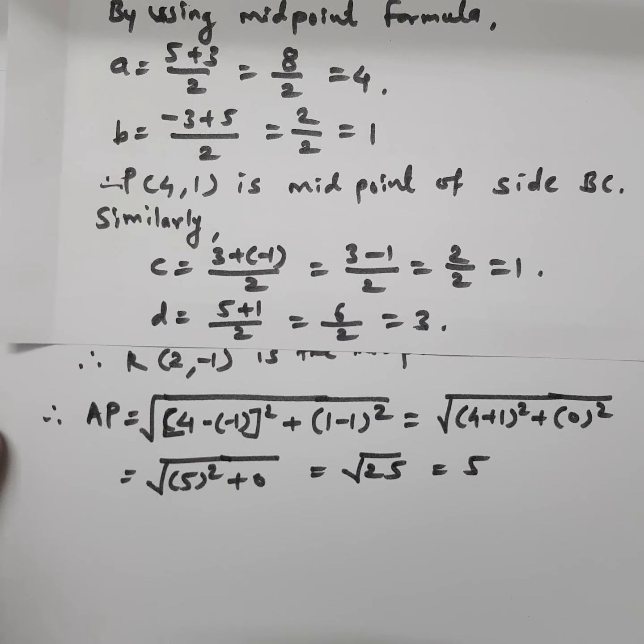Means the length of median AP is equal to 5.